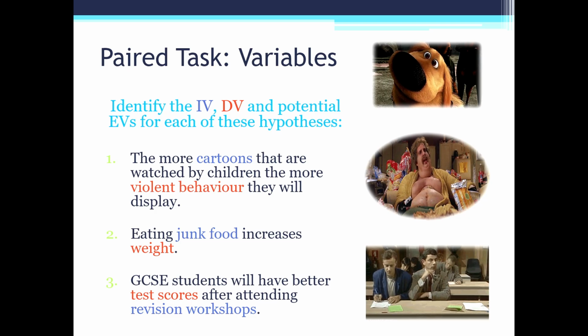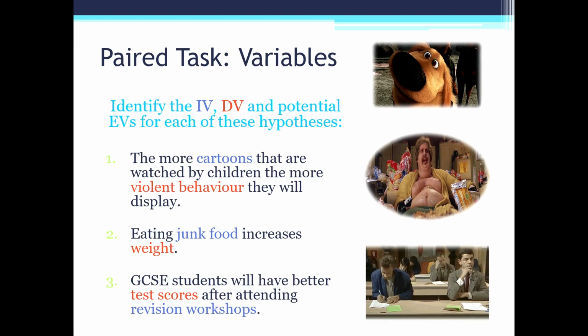Similarly, eating junk food increases weight, so the thing that we're measuring is weight, so that's the DV, and then we're looking at the impact of junk food, so junk food being the cause for the weight. So there's lots of things again that can affect weight that could be a potential EV, like if you exercise, for example. And then the final one, we've got GCSE students will have better test scores after attending revision workshops.